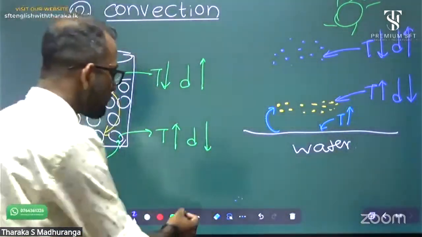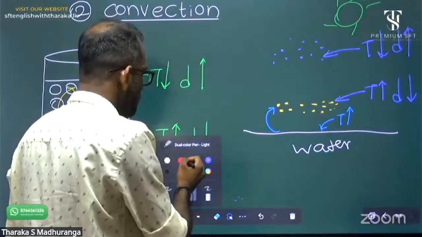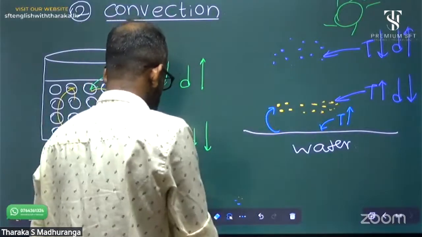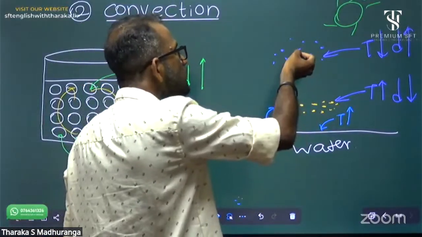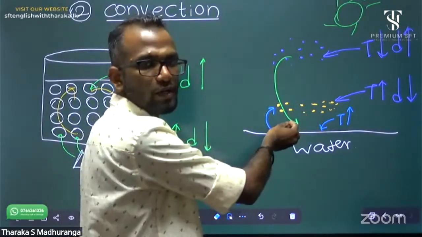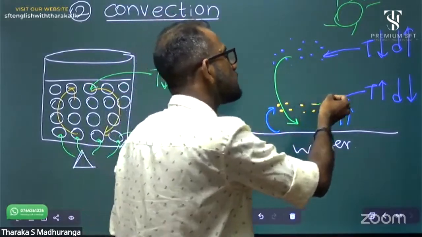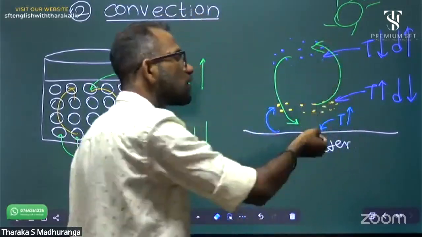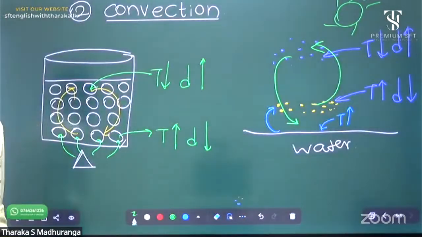Therefore, what happens? The high density cold molecules go down and the low density water vapor goes up, right?